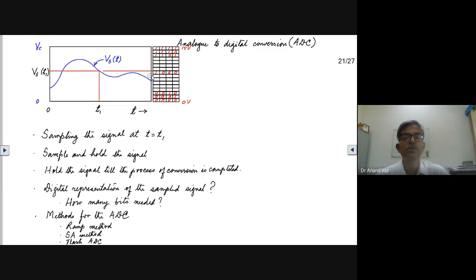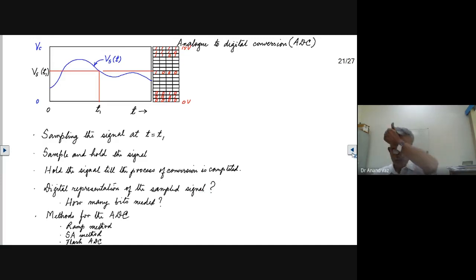It corresponds to almost halfway. So we are interested in knowing how to digitize our signal at a particular point of time. This is the challenge. And for that, we have these methods: the ramp method, the SA method, the flash, and several other methods.